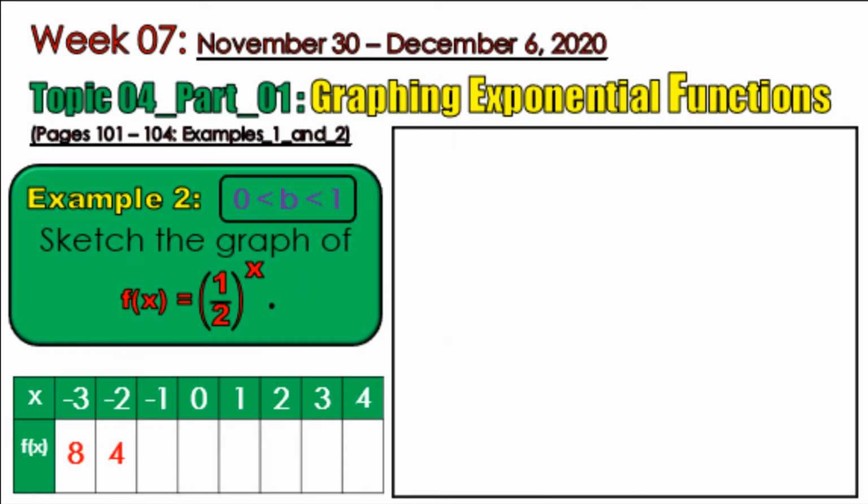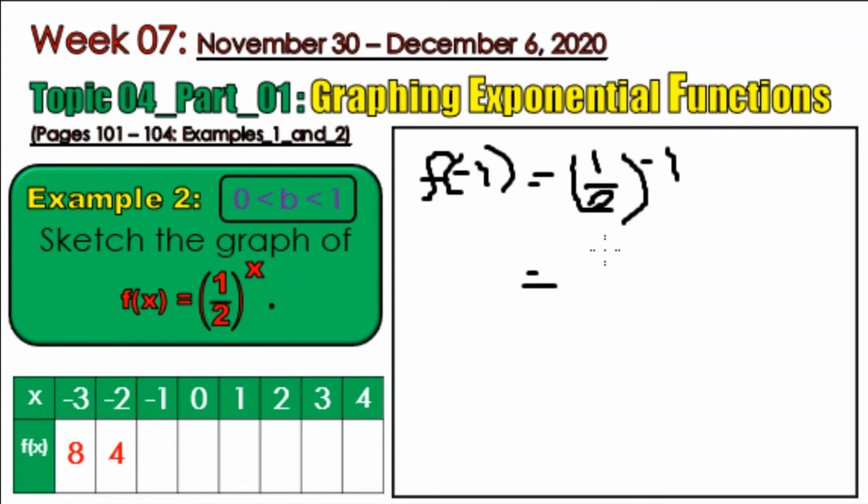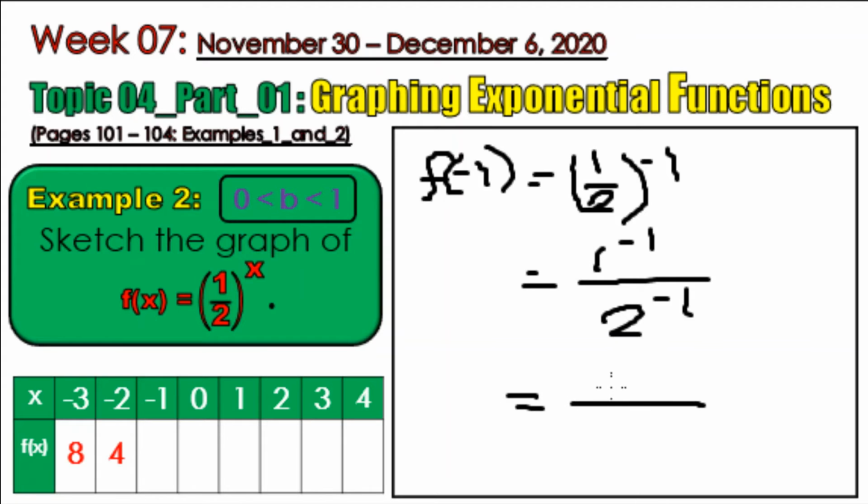Next, if x is negative 1, f of negative 1 is equal to 1/2 raised to negative 1. So we have 1 raised to negative 1 over 2 raised to negative 1, which becomes 2 raised to positive 1 over 1 raised to positive 1. This is equal to 2. So if our x is negative 1, we have positive 2.